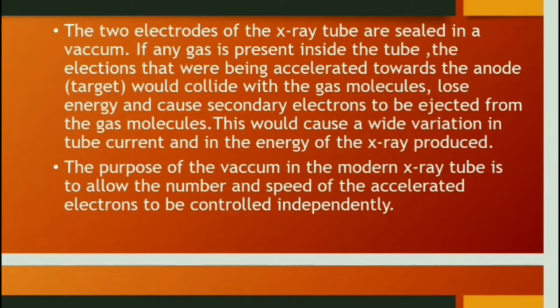Because of this, there would be a wide variation in the tube current and in the energy of the X-rays produced. It means the energy of the X-ray will be something else. We might need a certain energy and we will get a different X-ray energy, and the tube current would also change. So there will be a wide variation in those two things.